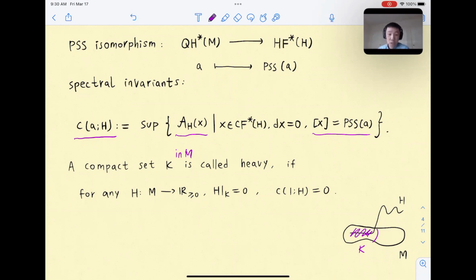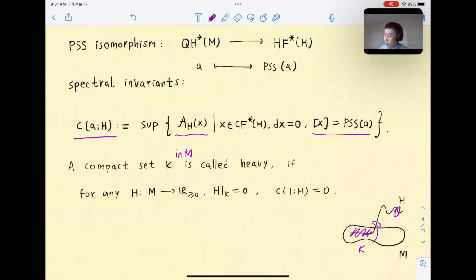Roughly speaking, this function H may have lots of generators, let's say some orbits here, some orbits here. Then they have different actions. So heaviness is saying that, for example, if we have some orbits at a very high level with some positive action, then we don't want them to represent the PSS image of the unit class.